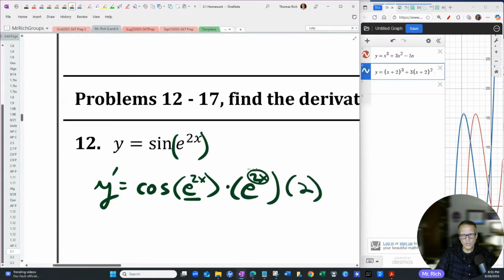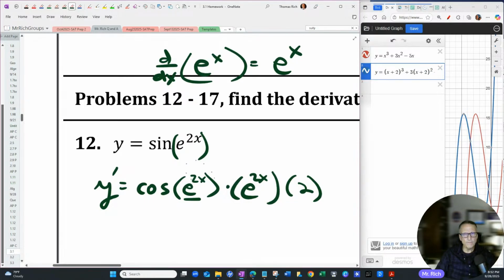So I just used the chain rule twice. The derivative of e to the x, as you know, or you're supposed to know at this point, when you take the derivative of e to the x, it is its own derivative. But if you're taking the derivative of e to a function of x, you leave it, it's its own derivative, but you then have to follow it up with the chain rule by multiplying by the derivative of that exponent.